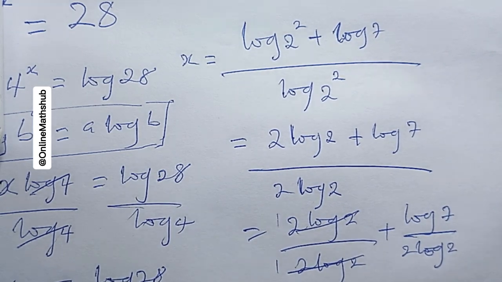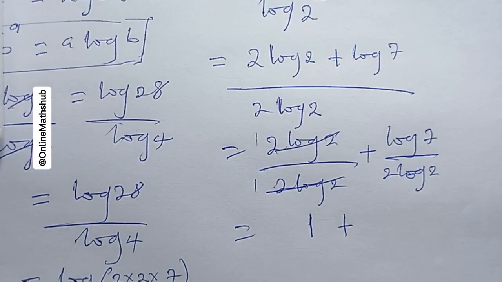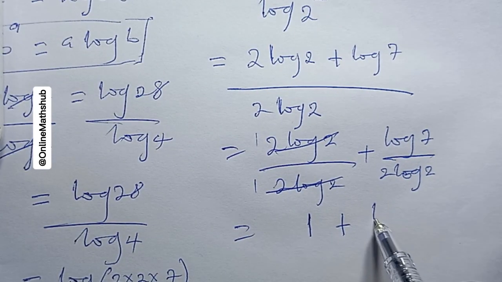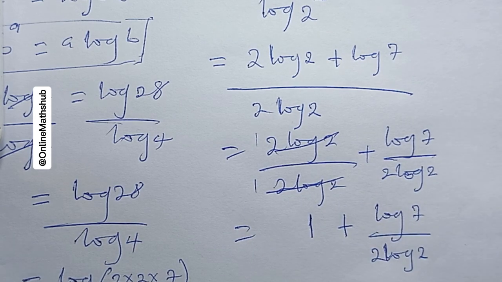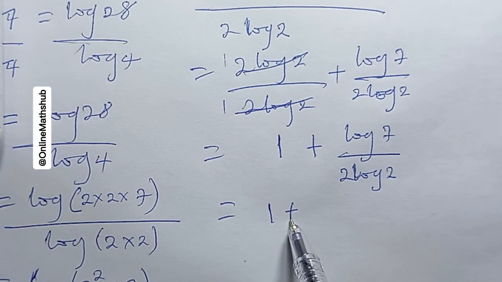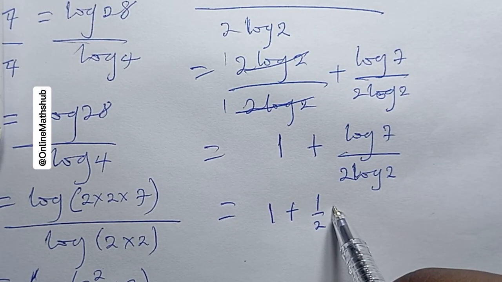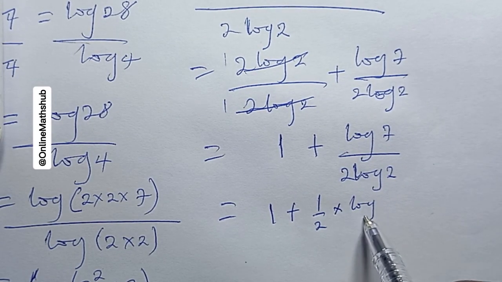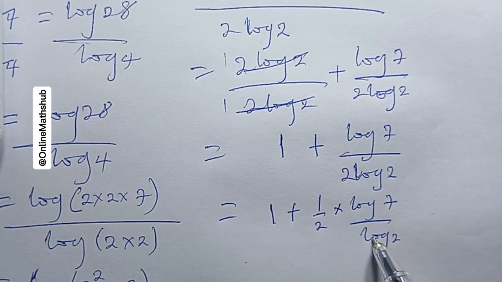So 1 over 1 is the same as 1, plus what we have here is log 7 divided by 2 log 2. So moving on, this is 1 plus, I can actually write this as 1 over 2 multiplied by log 7 divided by log 2.